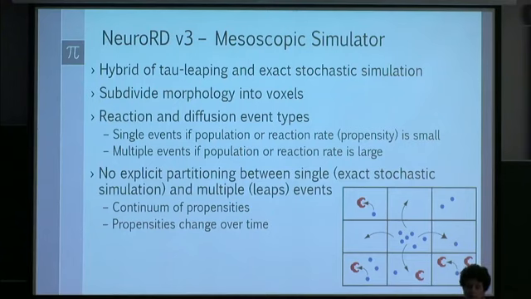We do have both reaction events and diffusion events, and we will schedule a single event if the diffusion population or the reaction rate, i.e. the propensity, is small, and then we'll schedule multiple events if the population or the reaction rate is large. But again, there's no explicit partitioning. So as each event comes up and is scheduled, it will be scheduled appropriately.